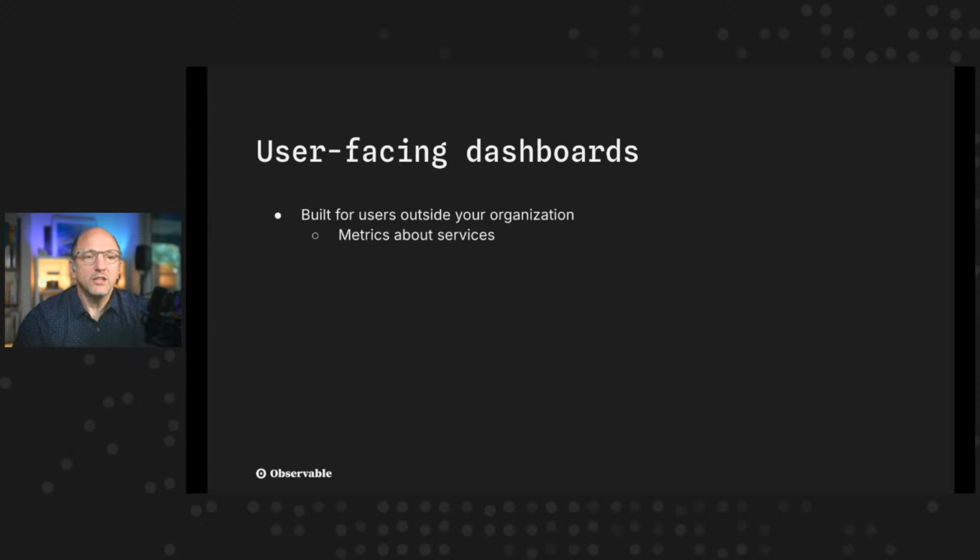So examples for this would be perhaps you're providing a service and you have metrics about those services. My example is going to be Amazon Web Services. So AWS, they provide services that you pay for, and then they give you dashboards, and they give you a whole bunch of different ways of seeing how your things are performing, what you're spending your money on, and so on. So this would be an example of a user-facing dashboard or a user-facing data app.